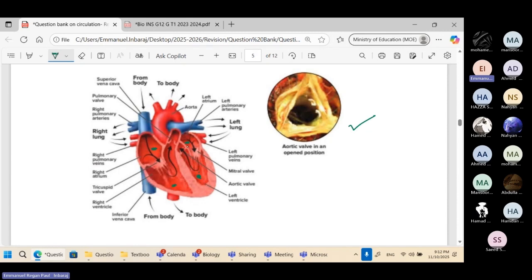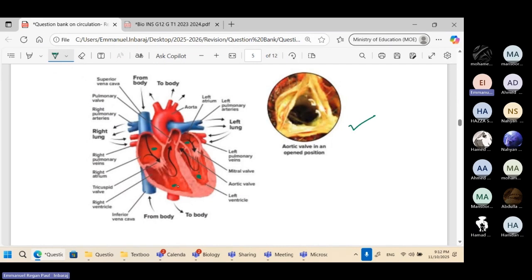Don't forget, there are 4 chambers of the heart: left atrium, left ventricle, right atrium, right ventricle. What are chambers? Chamber means empty space. Look here, left atrium is the first chamber, and down you have left ventricle.